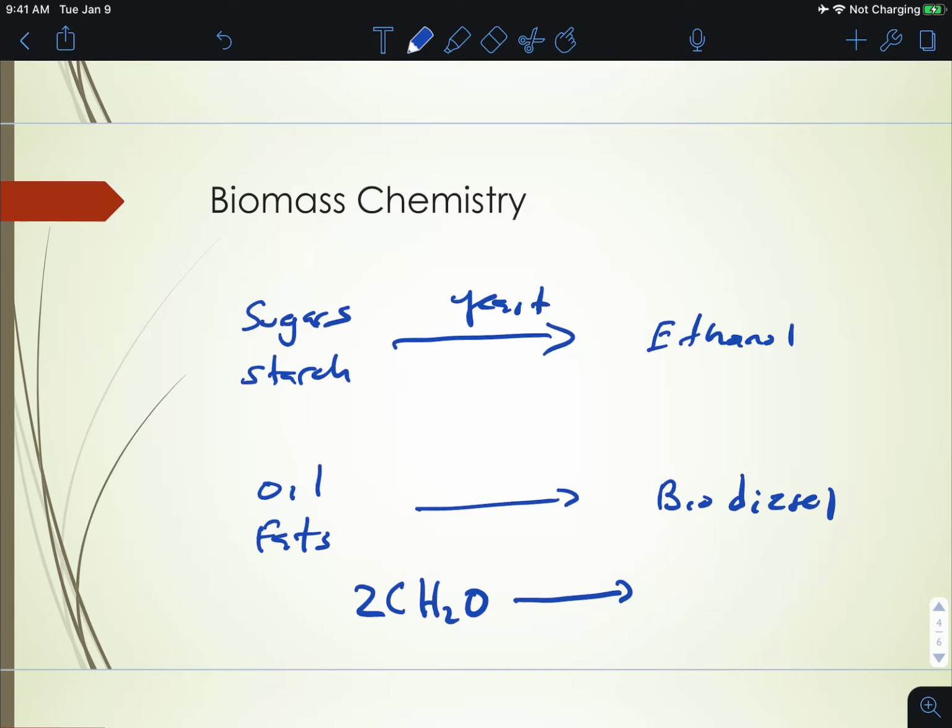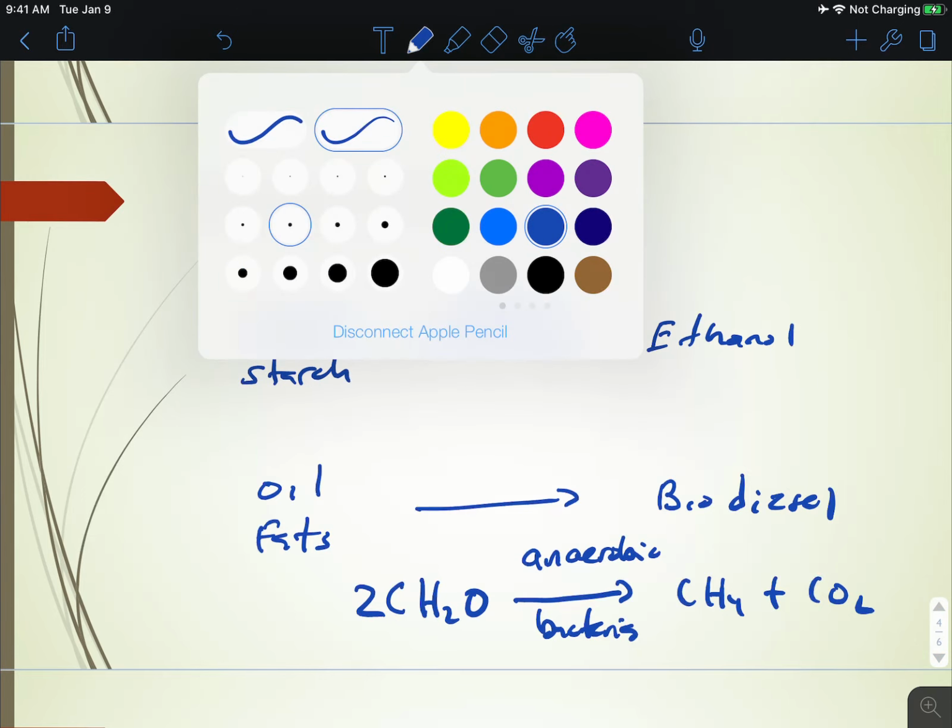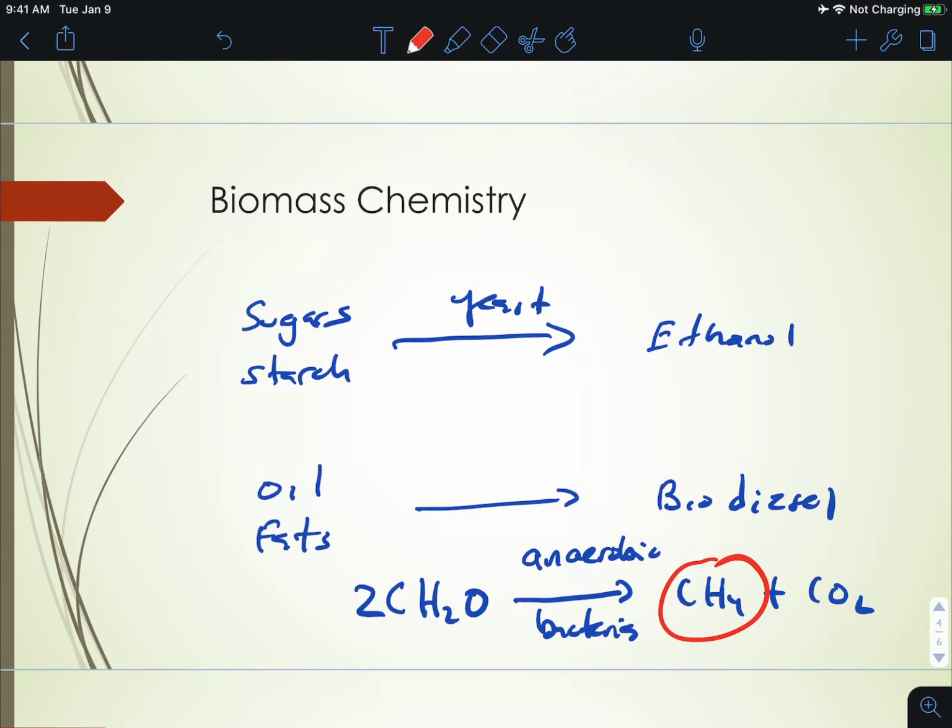So this is a process that doesn't use oxygen. It's an anaerobic process. Bacteria will carry this out. So that means there's no oxygen here. The byproducts here are methane and CO2. Now you know from the previous work that we've done that methane is a fuel.